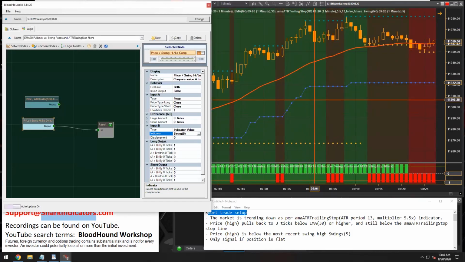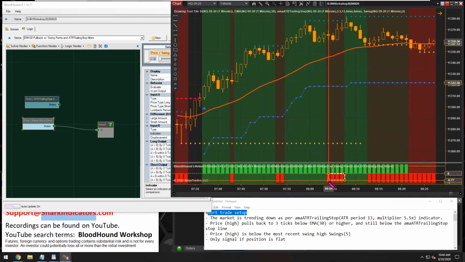All right. So let's take a look here. You'll notice down here we have a couple of bars with some short outputs, right? So basically these bars here have a short output. And if you look, we do have the swing indicator plotting here. But since the first 5 bars are back painted, that means the swing indicator hasn't detected this swing high yet. You have to wait until you get to the 5th bar, right?